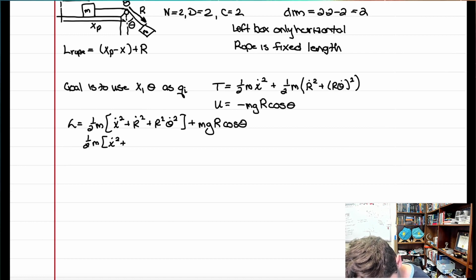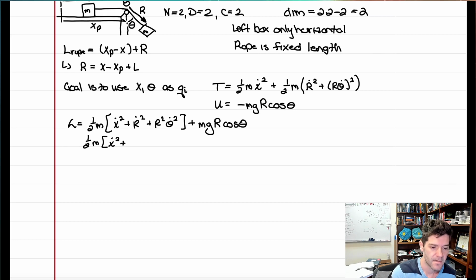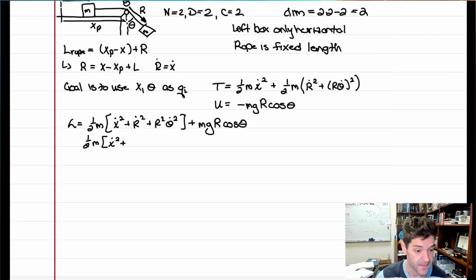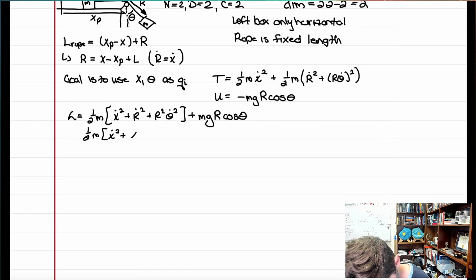Well, that's where our constraint comes in, because then I can write this as 1/2 m x dot squared. And then the rope relationship says that r is going to be equal to x minus x sub p plus L. So then r dot is going to be x dot, since x sub p and L are constants. So this is also just x dot squared.